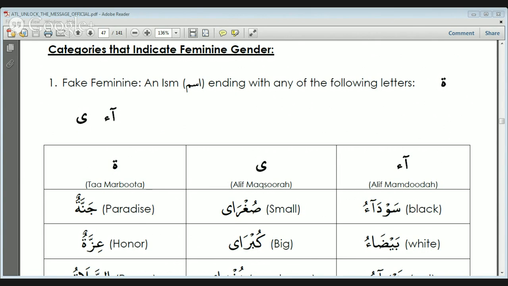Number 5. Body parts in pairs. I may have mentioned this to you guys before. For example, yadun, your hand. Rijlun, your foot. Rijlain, yadain. Ainun, your eye.